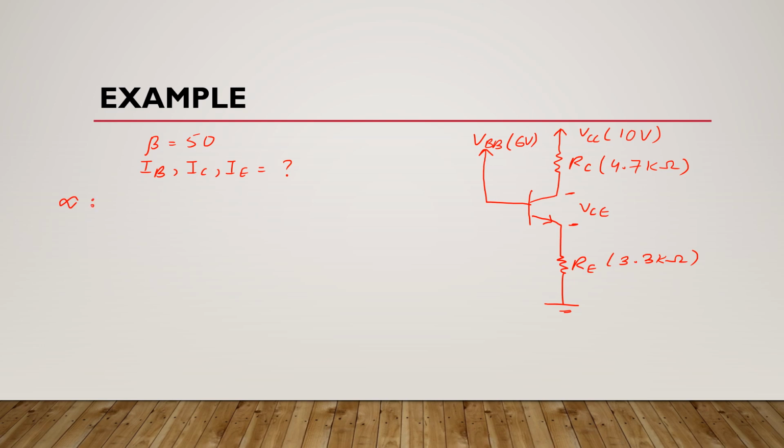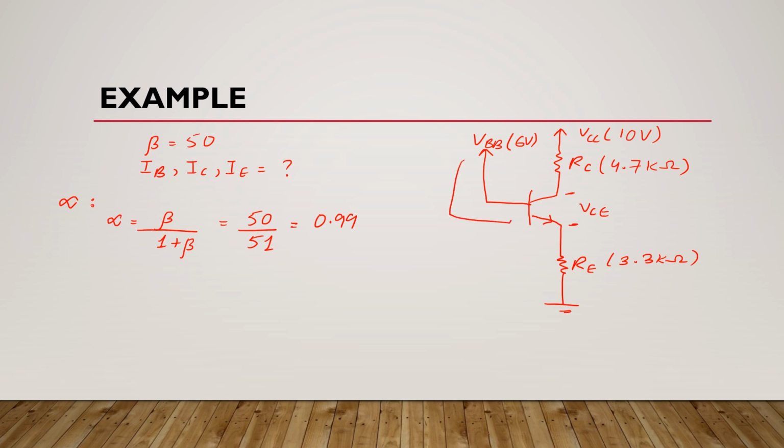We know that alpha is equal to beta divided by 1 plus beta. Here beta is 50 and 1 plus beta will be 51. After solving this, you will get 0.99.